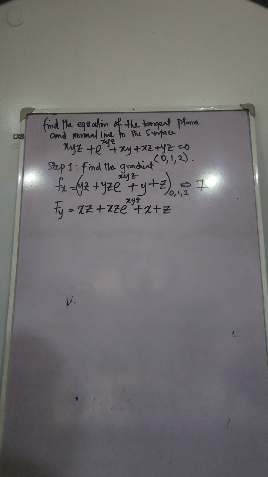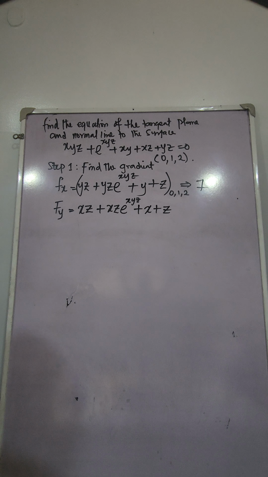So f of z this time around, you have xy plus xy e to the power of xyz plus x plus y at the point (0, 1, 2). If you finish that, you're going to be having 1.